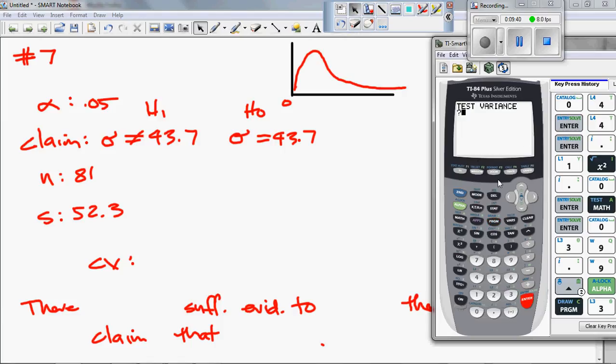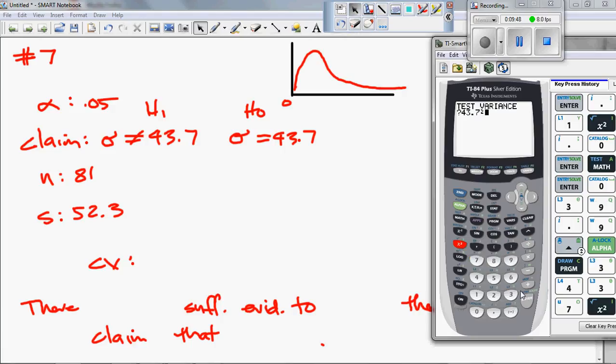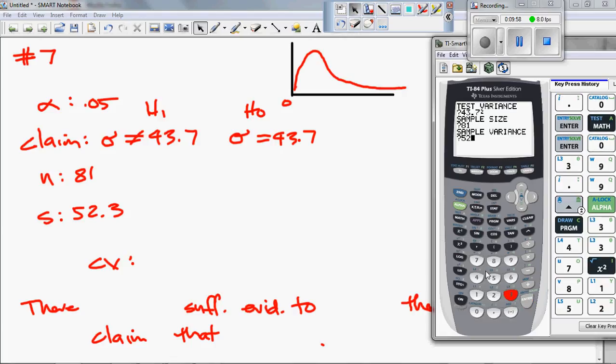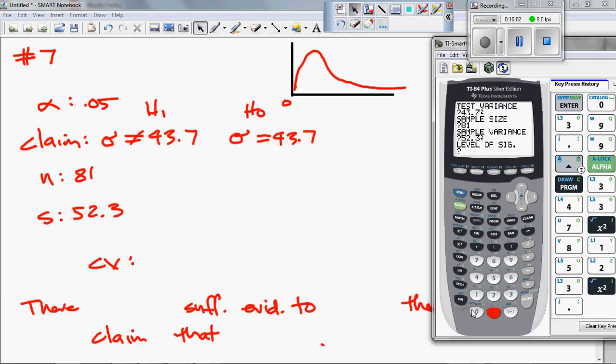Hit enter to execute it. The variance we're testing is 43.7 squared. Since that's the standard deviation, 43.7 squared would be the variance. Sample size is 81. Sample variance would be the sample standard deviation squared, 52.3 squared. The significance level is 0.05.